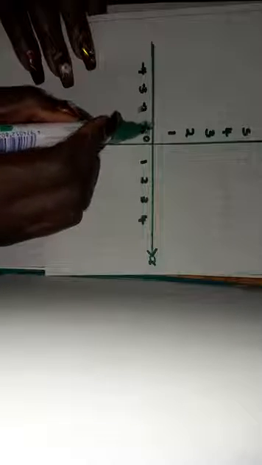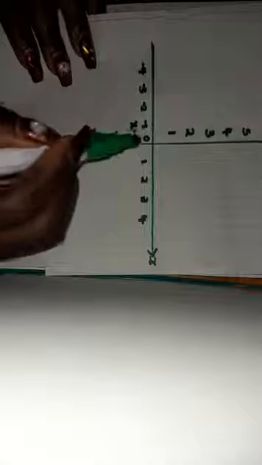Now let us go and plot this graph. I want us to have the coordinates shown. Now you can see them. So let us plot them. -1, -1 lies here.